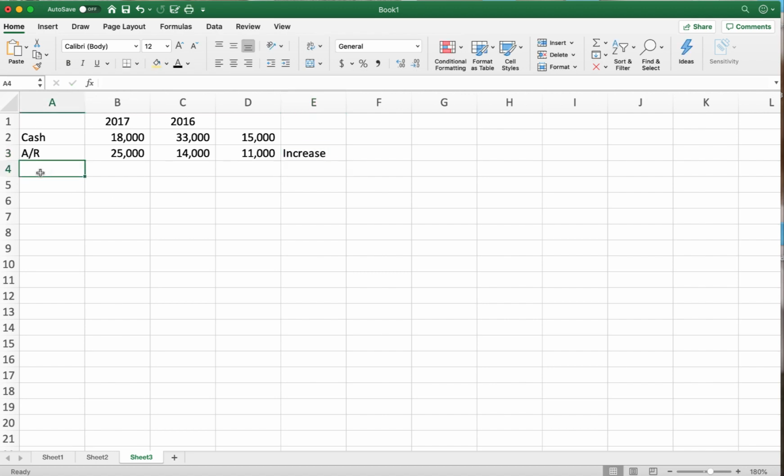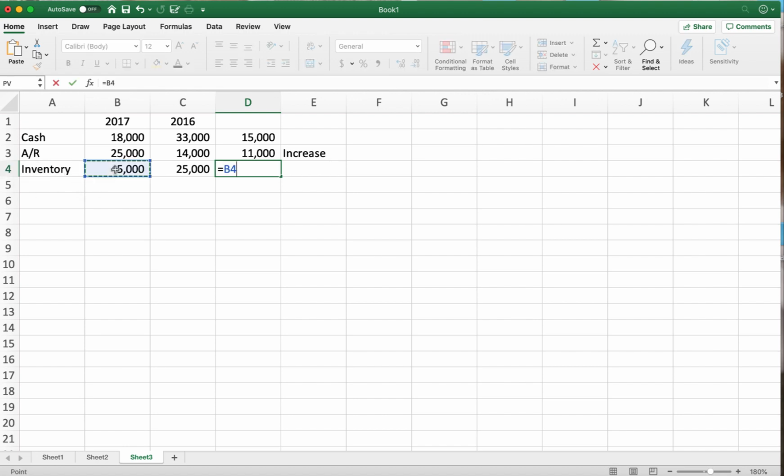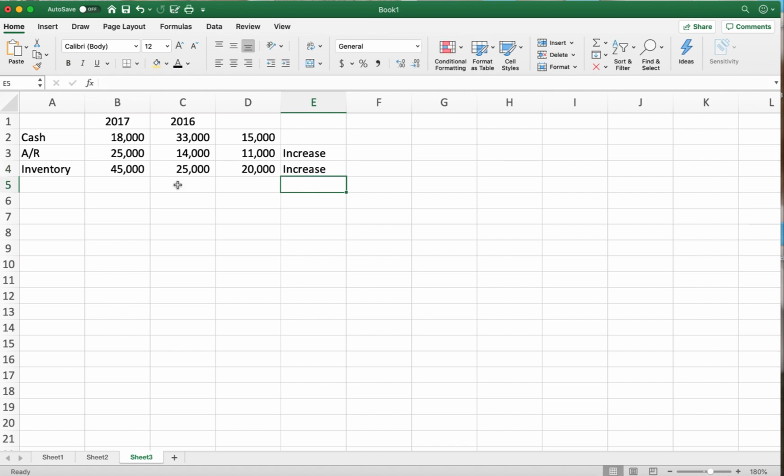The next thing we have is our inventory, which was 45,000, and in 2016 it was 25,000. So our inventory obviously increased, right? How much did it increase by? Well, it increased by 20 grand.